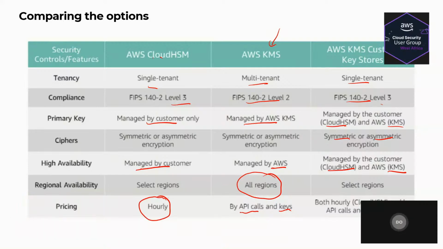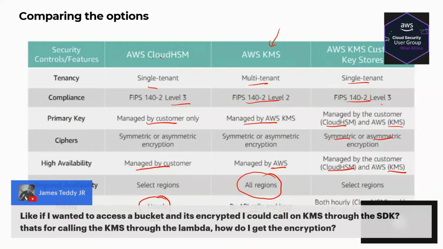So it's regional. James says, if I wanted to access a bucket and it's encrypted, I could call on KMS through the SDK. That's for calling KMS through Lambda. How do I get the encryption? So that's essentially what you do. You have a client application, James, and your client application wants to do client-side encryption. Let's say this is running on an AWS Lambda function.